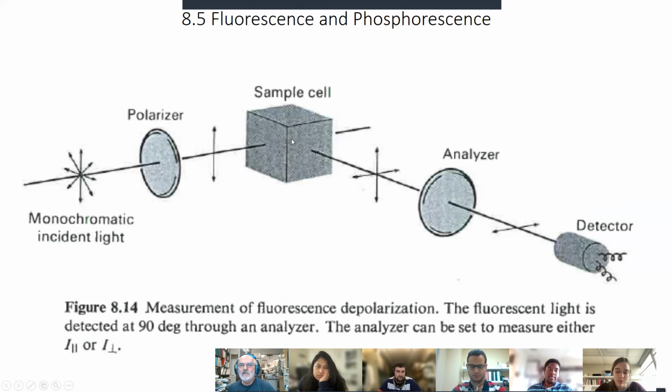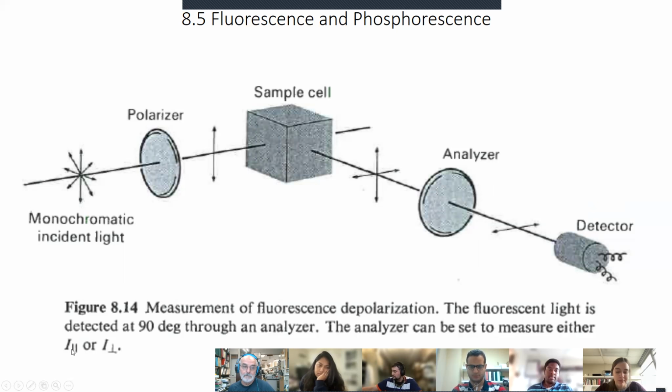But then you look at the re-emitted light at right angles. So the cell actually has a face that allows light to go through it, but then a side face that allows the fluorescent light to come out. And that's where the detector is. And so the absorbed light comes in this direction, and then there's a right angle basically that allows you to measure the fluorescent light. And that's the information you can get.